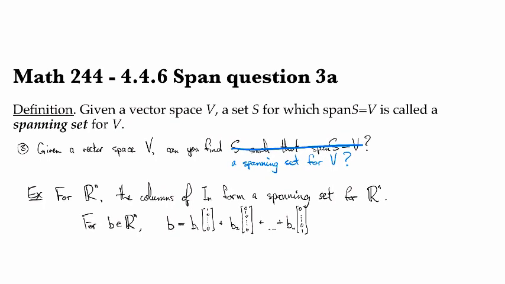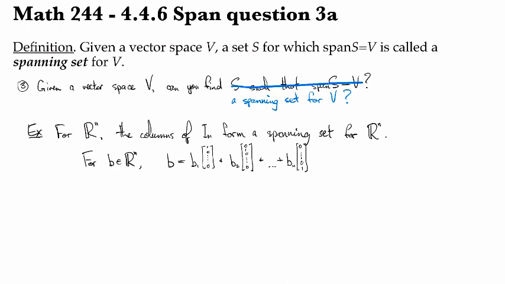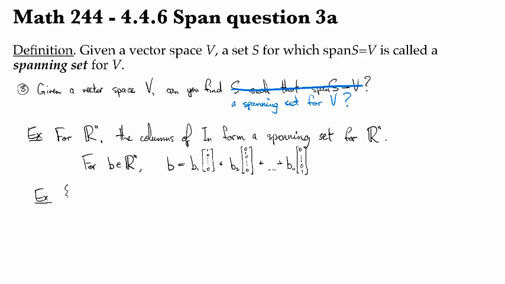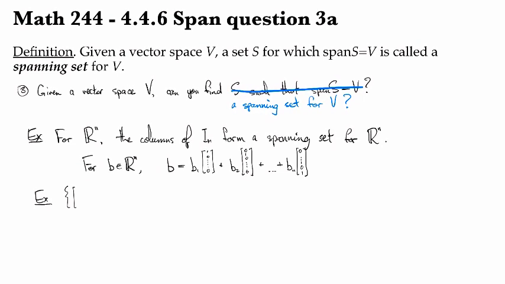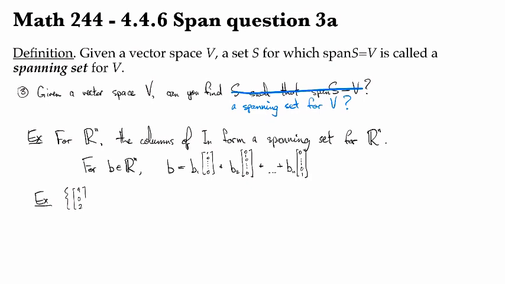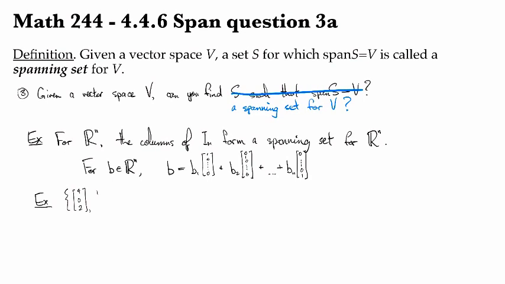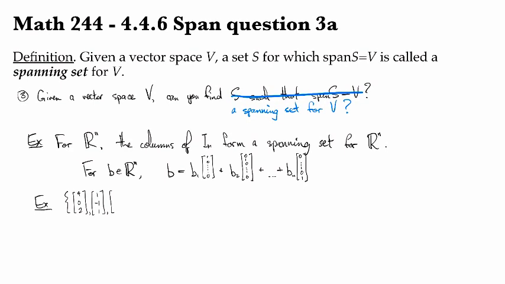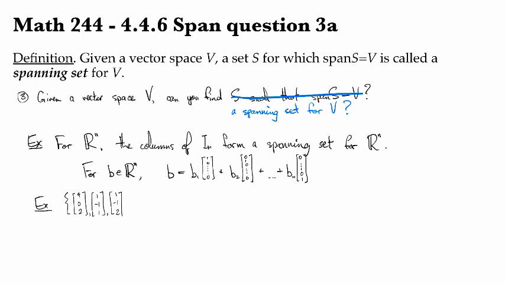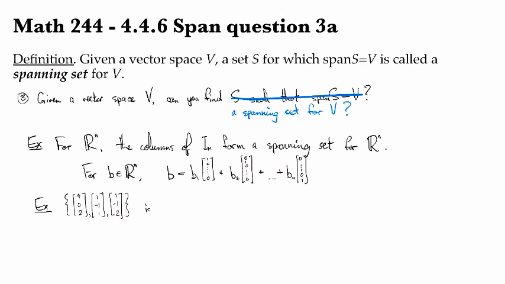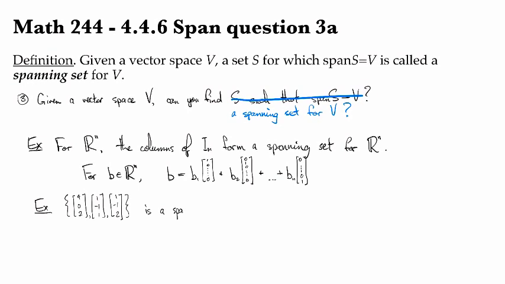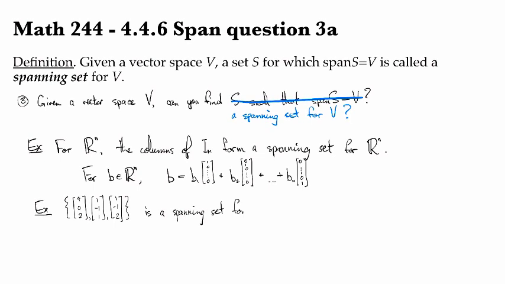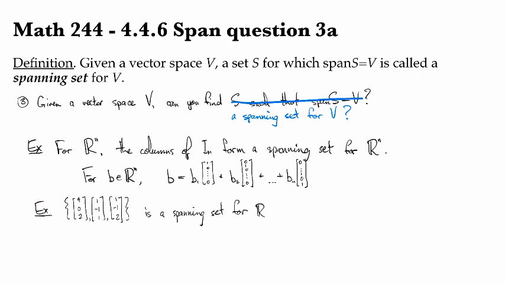Okay, so let's look at something with a little more meat on it. We've seen from our previous examples that this set of vectors, 4, 0, 2, 1, -1, 1, 1, -1, 2, is a spanning set for R3.